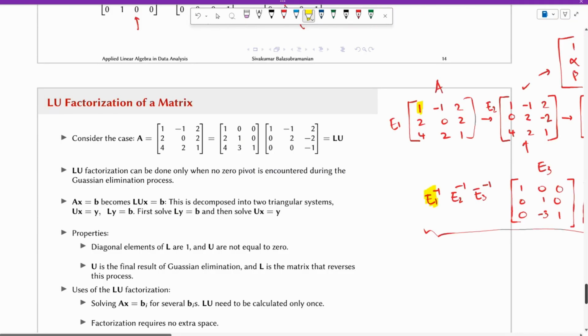And as I said before, we can do A equals LU. We can do the LU factorization of a matrix A only if it's square and it's full rank. That means none of the pivots are 0, and there are no row exchange operations. In this particular example, we did not have to do any row exchange operations because the pivots that we looked at were all non-zero.